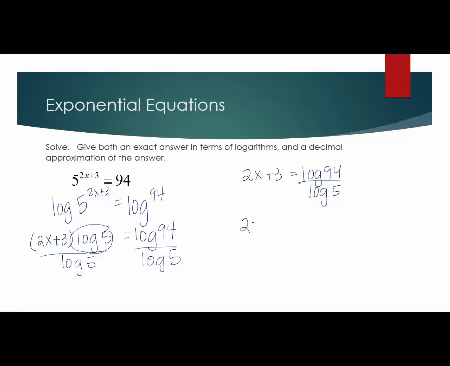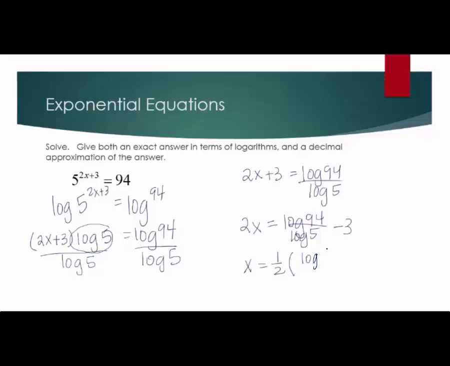So this is a bit of a chunky answer, but I can write an exact answer involving logarithms here. Subtract 3, and maybe I'll write this as division by 2 multiplication by 1/2. This is my exact answer. Let's also plug in and get a decimal approximation.